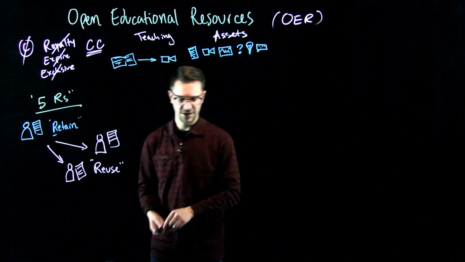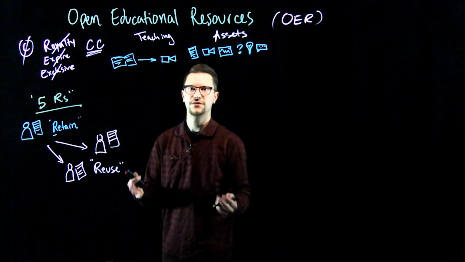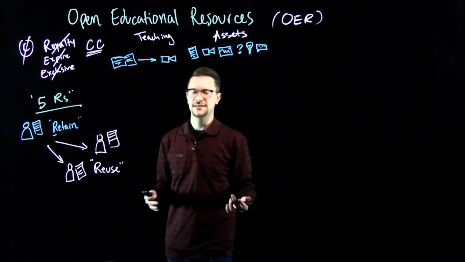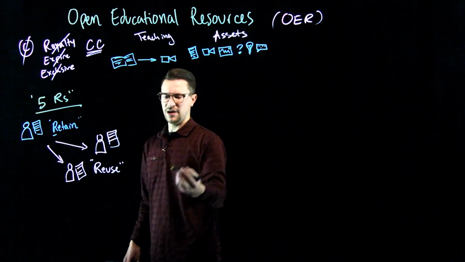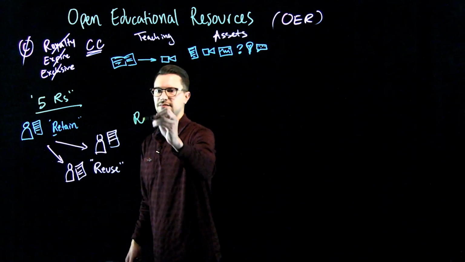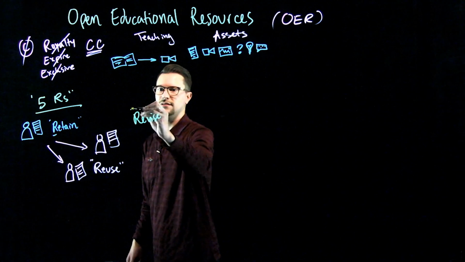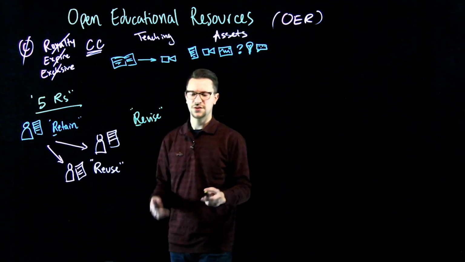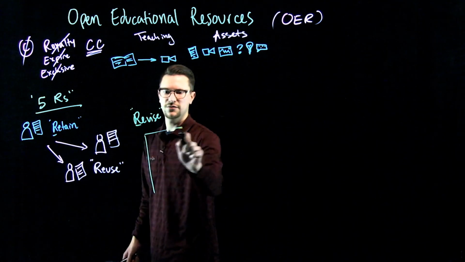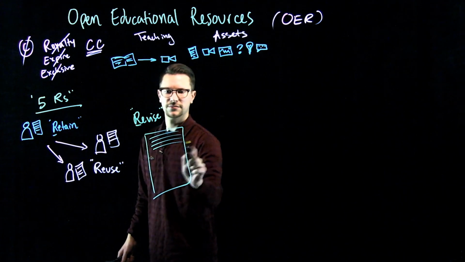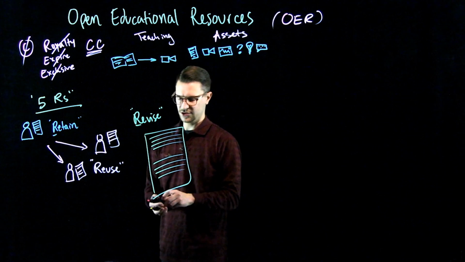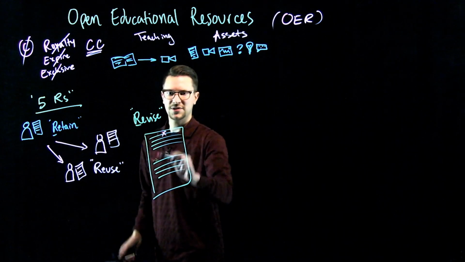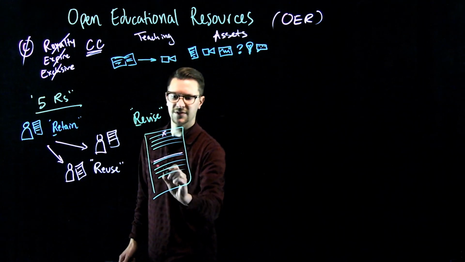In reusing that material, and you know this is true if you've used any sort of teaching assets that you didn't produce yourself, these instructors probably will want to revise that material. It's our third R. So if you've written a lecture, an instructor might not teach this particular section, but want to really emphasize this section.